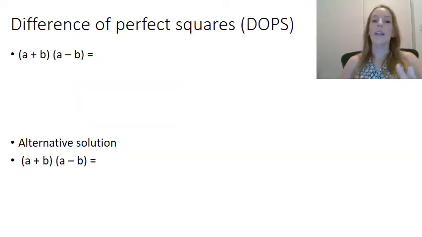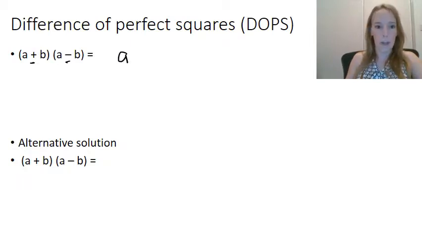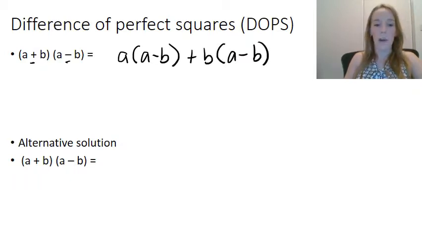Okay, so difference of perfect squares is a little bit different. This time we've got one that's adding and one that's subtracting. So we'll expand our brackets out using our binomial expansion. So we've got (a take b), plus b, (a take b). So a times a is going to leave us with a squared. A times negative b is going to leave us with negative ab.